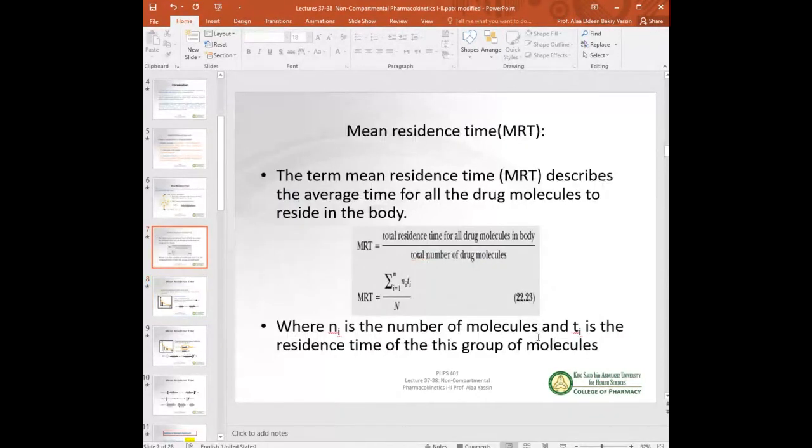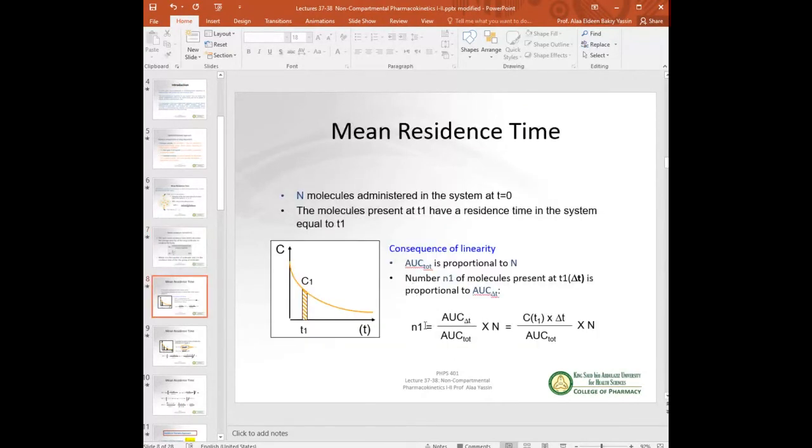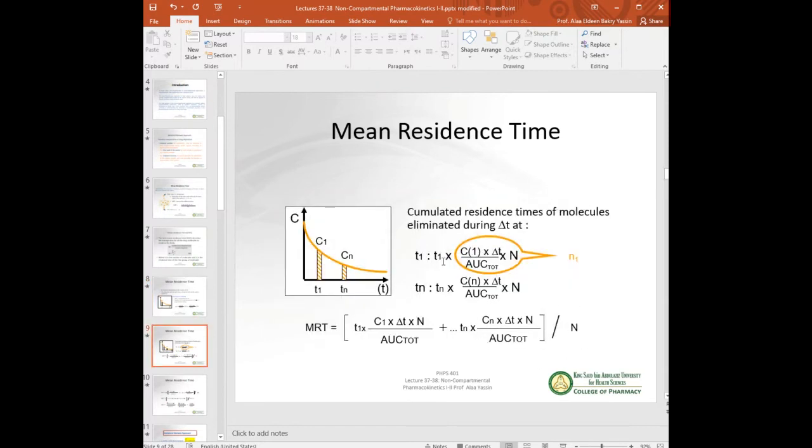So remember, the formula is talking about Ni multiplied by the time, لأنه أنا عايز أجيب التايم الافريج time. Okay, so this amount again will be multiplied by time to determine the time of presence of a certain number of molecules.